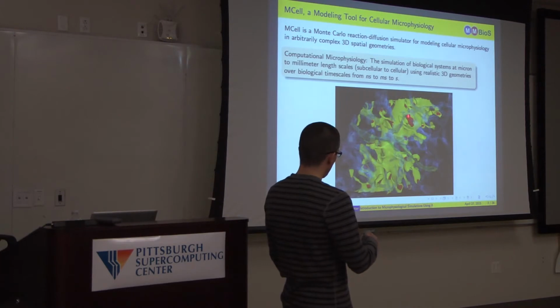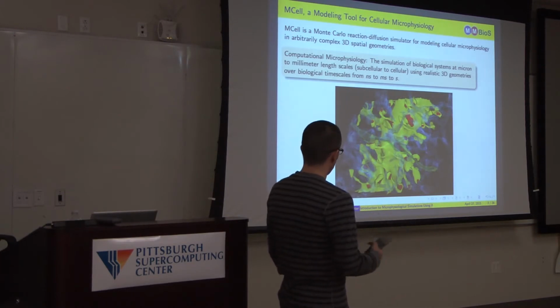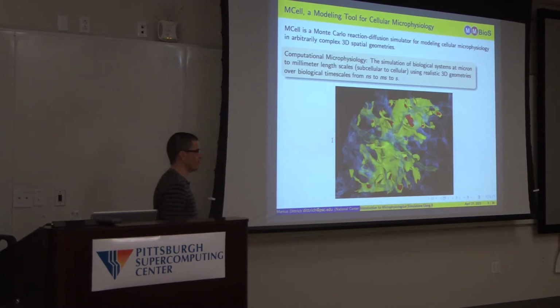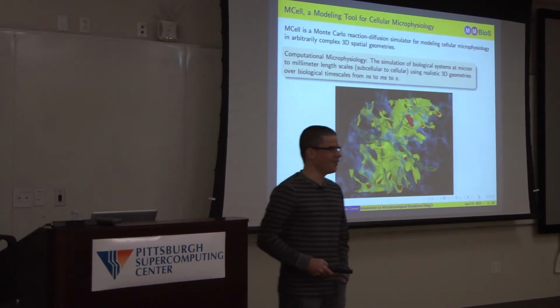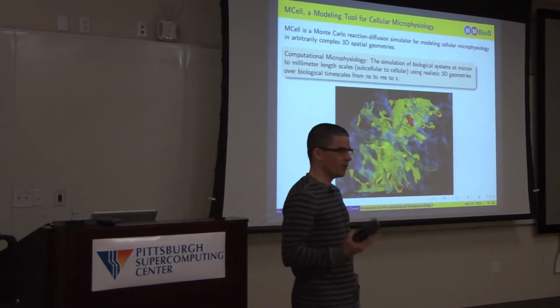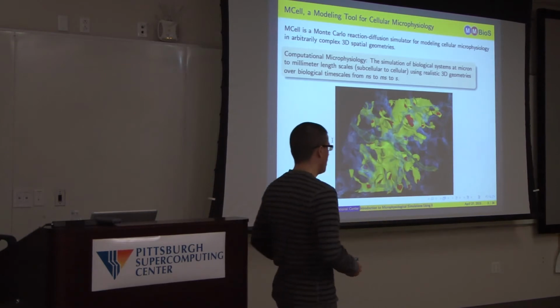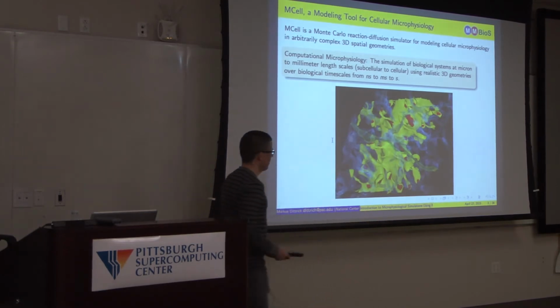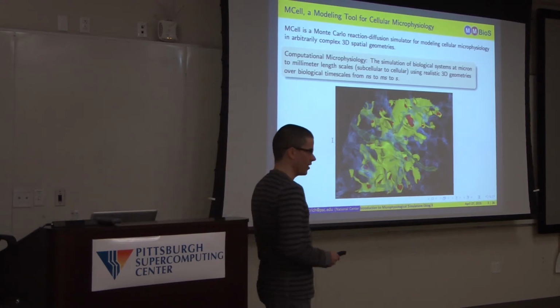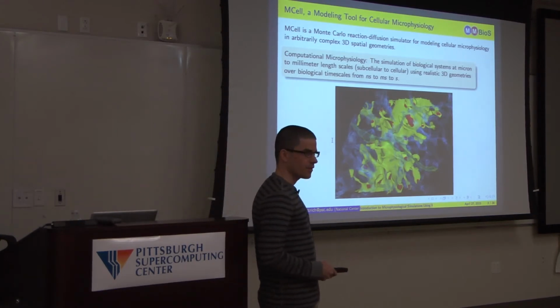Here the synapses, there's lots of other structures in there, glia, what have you. And for certain questions that you may have, the detailed structure of your system can be quite critical. If that's the case, MCell is really the tool for you. It's really good at modeling these types of systems.